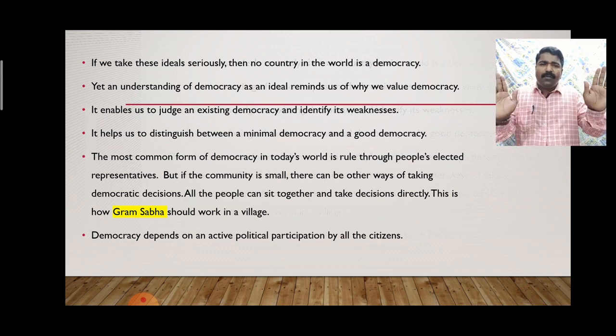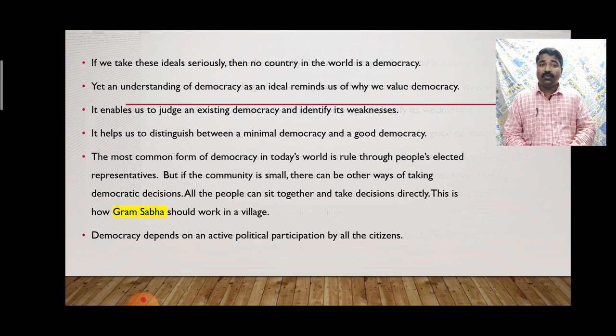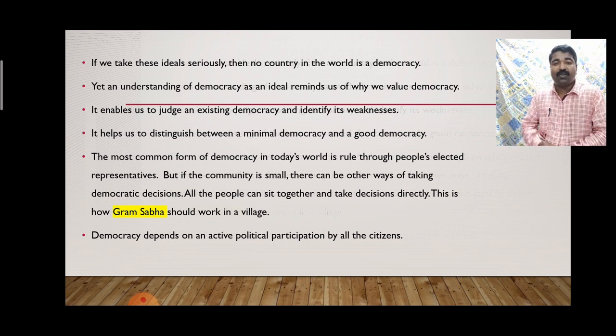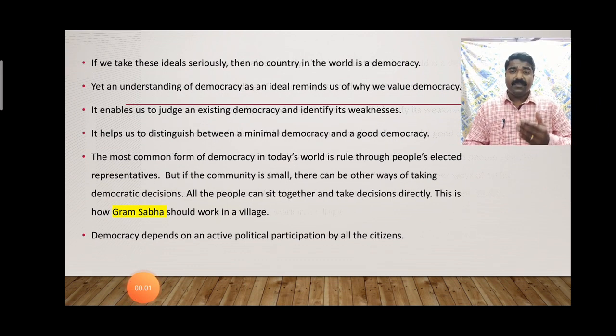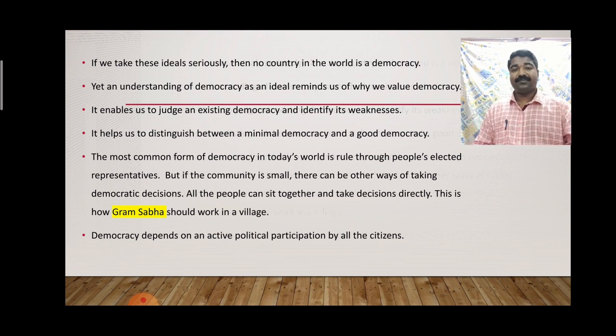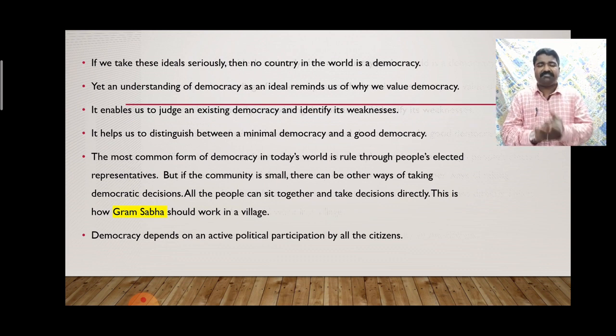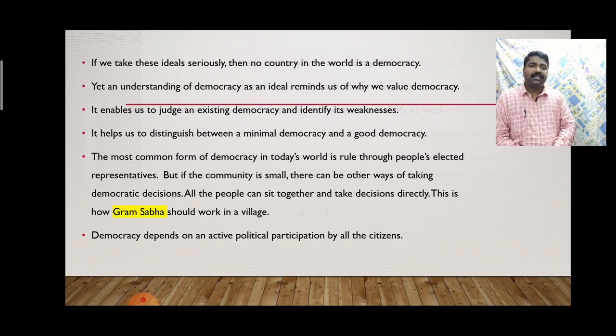The most common form of democracy in today's world is rule through people's elected representatives, as you have already seen. But if the community is small, there can be other ways of taking democratic decisions. All the people can sit together and take decisions directly.